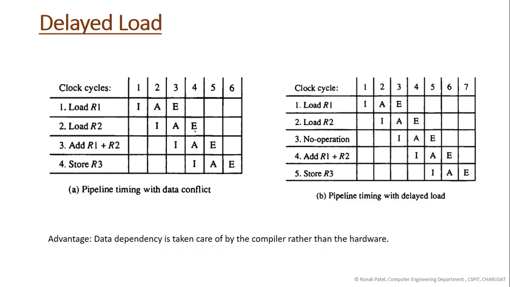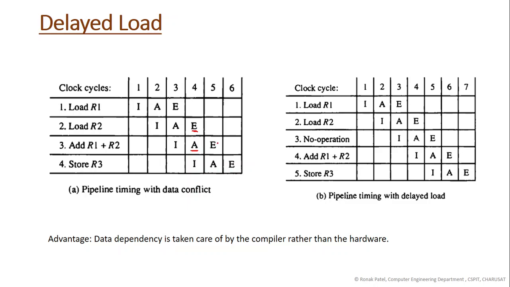This load R2 is in execute, and see here add R1, R2 is in ALU operation. What it will perform is store the result. So before storing the result, we want that operand. R2 will be stored in clock cycle 4, but in that same clock we want to use R2. So this is a data conflict, because data is not available here for the operation R1 plus R2, right?